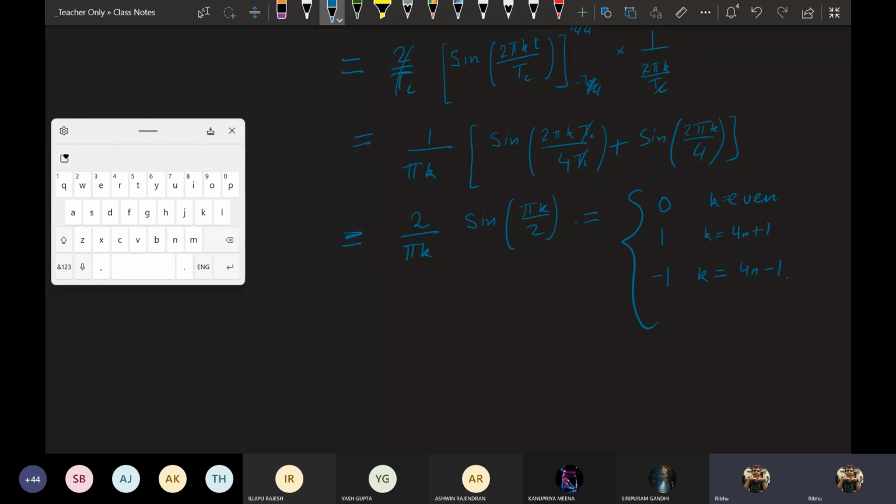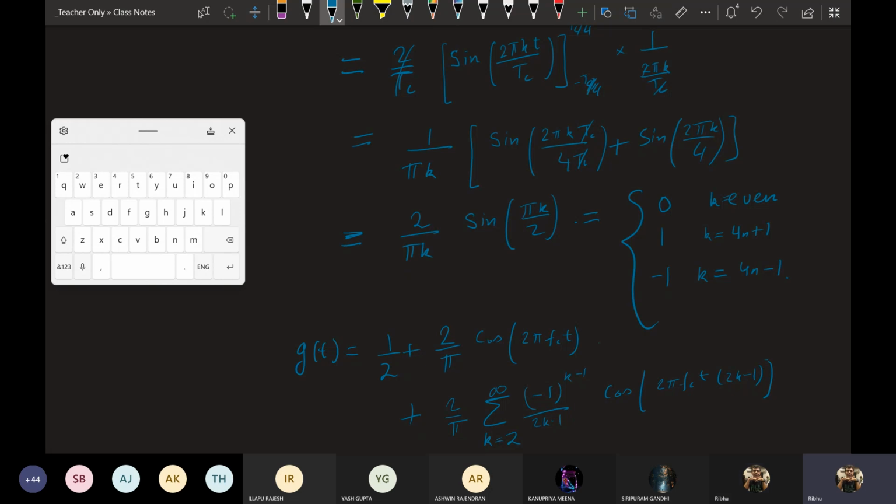And with this, the final form of g(t) looks like half plus 2 over pi cos 2 pi fc t, plus 2 over pi summation k goes from 2 to infinity, minus 1 to the power k minus 1 divided by 2k minus 1, cos 2 pi fc t times 2k minus 1. This beast.